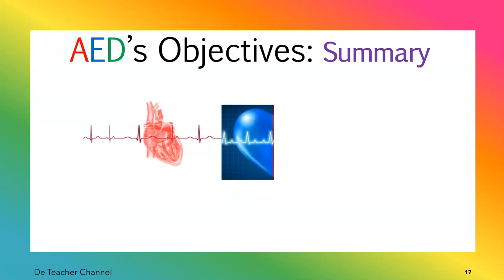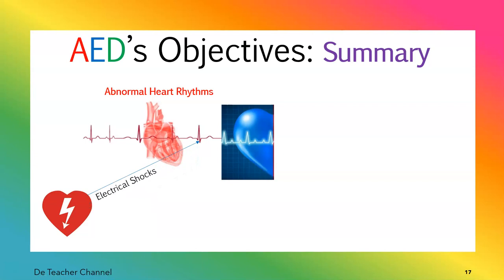So this is the summary of the AED. This shows an abnormal heart, and this is the AED. You bring in electrical shock. The AED is able to give an electrical shock to the heart. Once the AED is connected to the chest, an electrical shock is delivered.